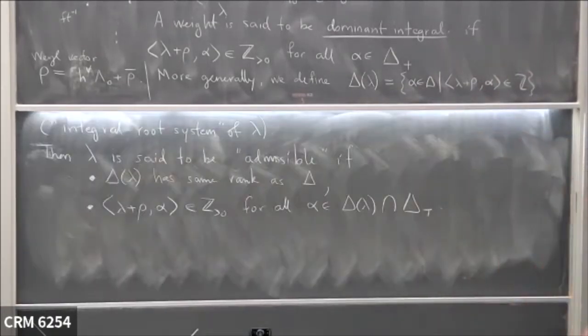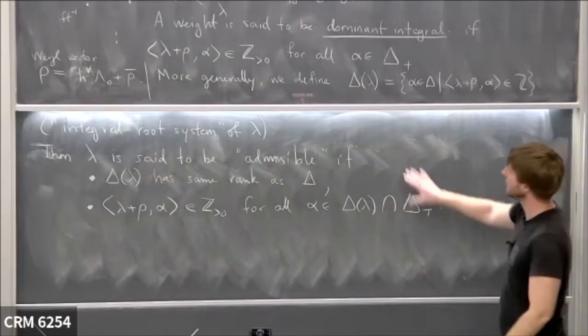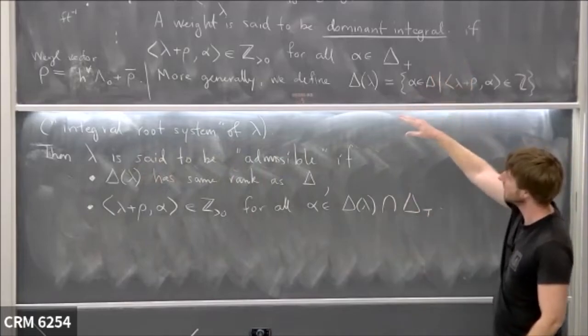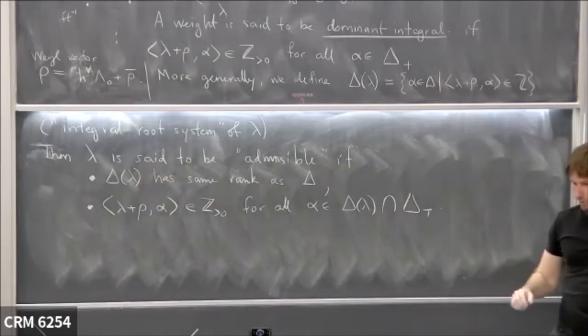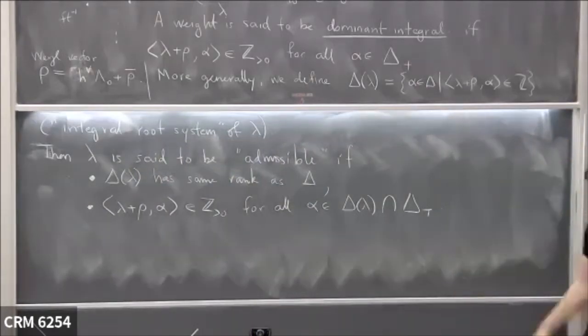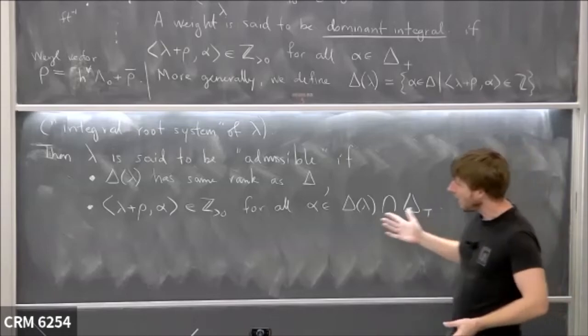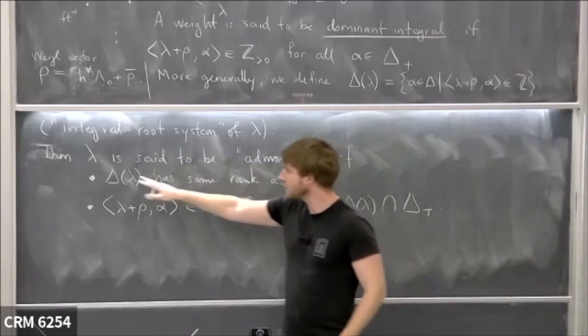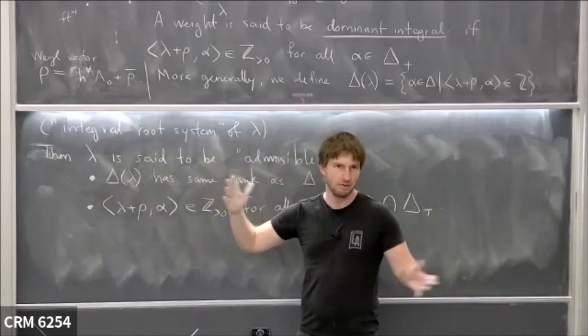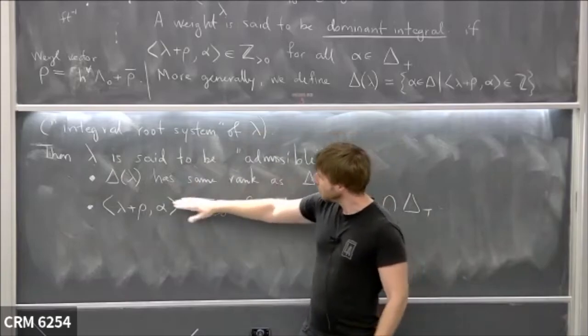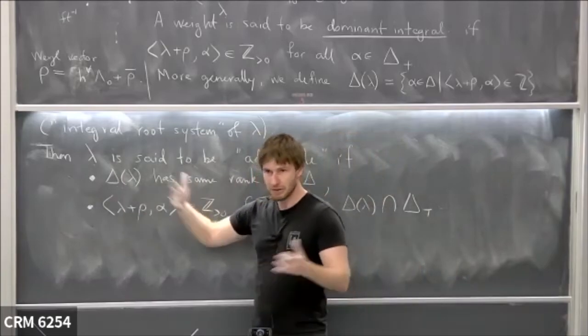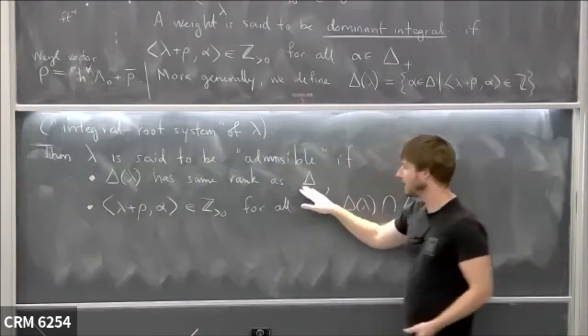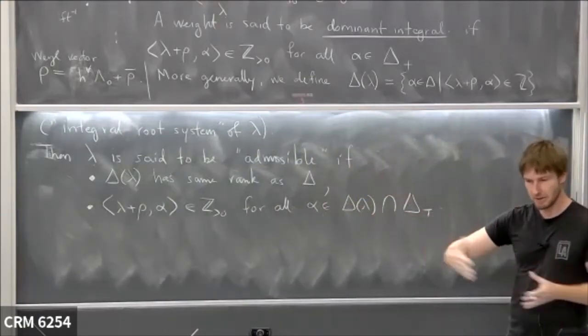Okay, so this is a pretty natural generalization of dominant integral. It's saying that for any given weight, we look at those roots that pair integrally with it, okay? Now, if lambda is really crazy, then that could be nothing, so that's not very interesting. So we demand that that root subsystem is pretty big. In other words, has the same rank as delta, but in general, it's going to be some non-trivial subset.